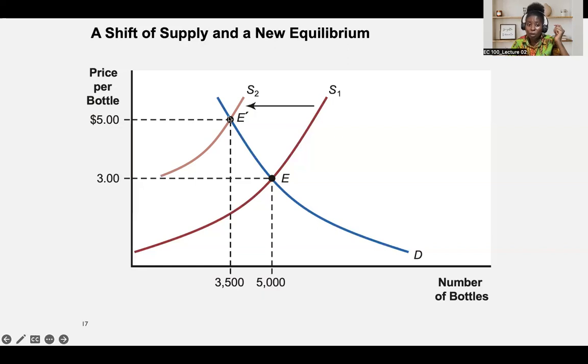Now equilibrium quantity is 3,500. So equilibrium quantity has declined. What can we conclude? Whenever there's a shift of the supply curve backward or leftward, the equilibrium price increases, but the equilibrium quantity declines.